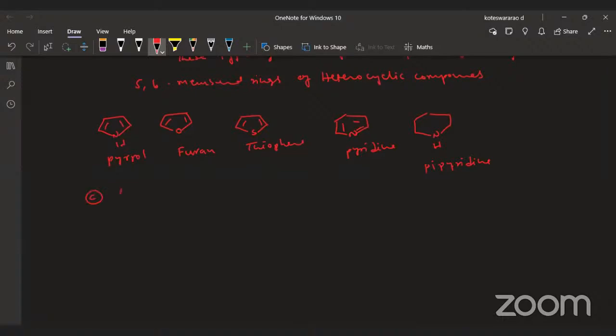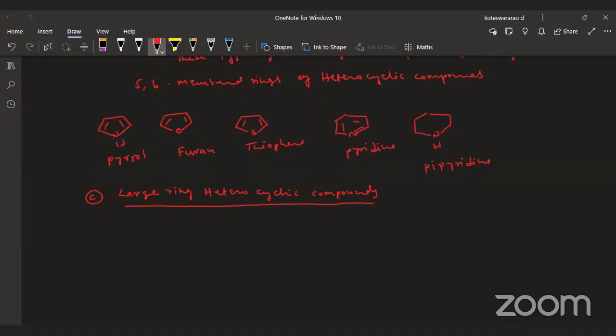Next, large ring members, or we call it the large ring heterocyclic system. Right.